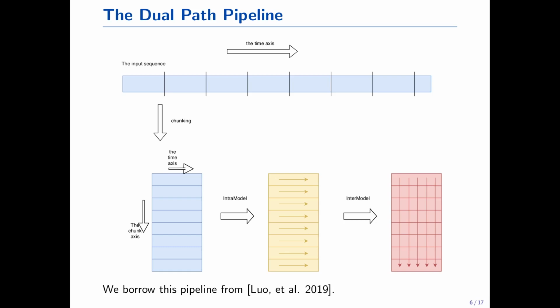What is done is we chop the sequences into chunks, and a so-called intra-model models the dependencies within chunks, and an inter-model models the dependencies across chunks, and a combination of the two is used.